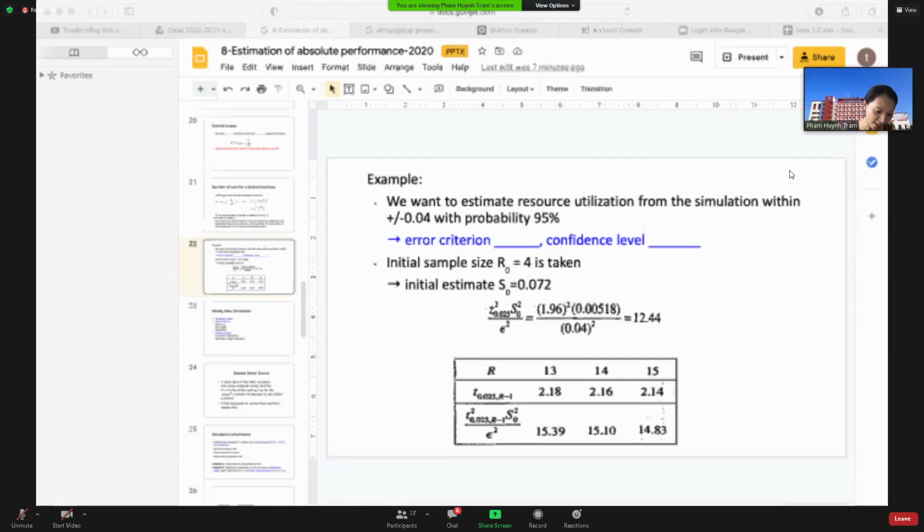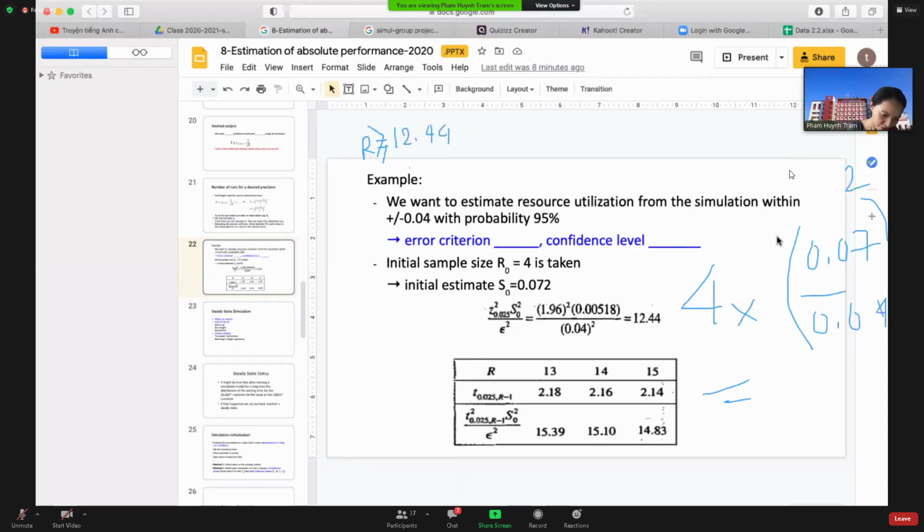Okay, yours is a bit larger than this one. Oh, okay, you got 12.55, that's okay. So it's around that, I guess. So if we compare with this method, we got what? We got about 15 times.